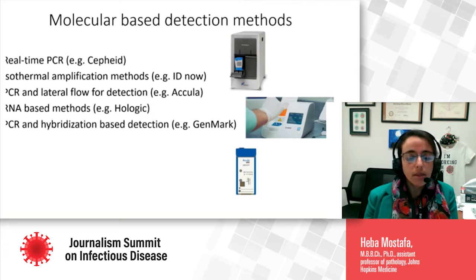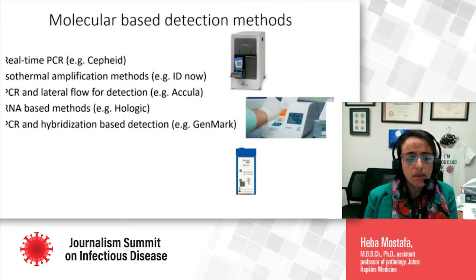And these methods, or at least some of them, proved less sensitive in a few of those available approaches, for example, the Abbott ID Now. Other methods that are available include PCR followed by lateral flow for detection. An example is the Aquila, which has been used now as a point-of-care test.